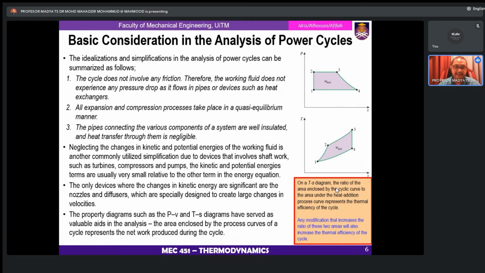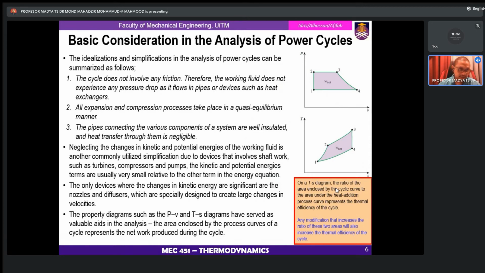That's why we neglect kinetic and potential energy. The only devices where the change in kinetic energy is significant are the nozzle and diffuser. Please remember, if you analyze a nozzle or diffuser, you must consider kinetic energy.